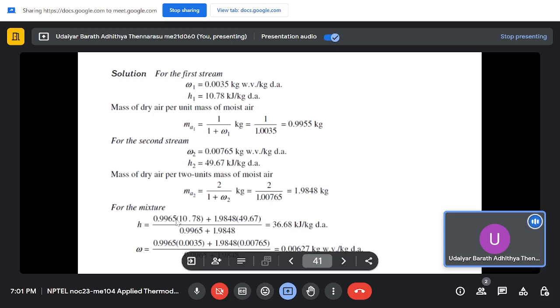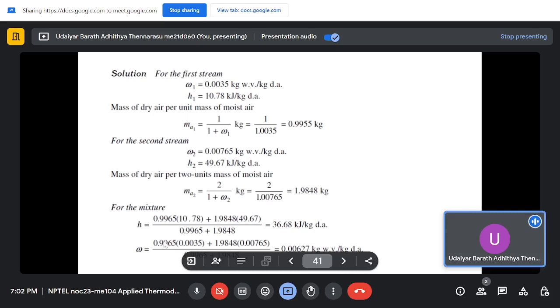So for the mixture, we multiply m_a1 into h1 plus m_a2 into h2, divided by m_a1 plus m_a2. The enthalpy of the mixture will come out to be 36.68 kilojoule per kg of dry air.